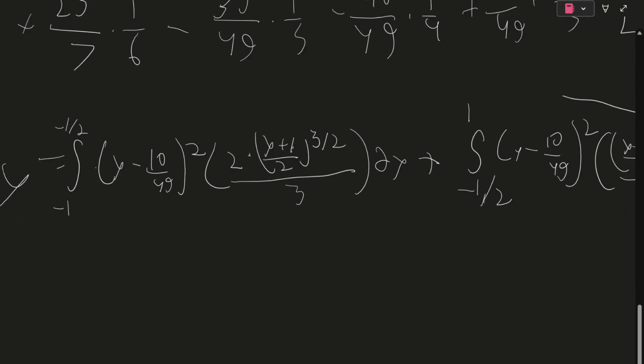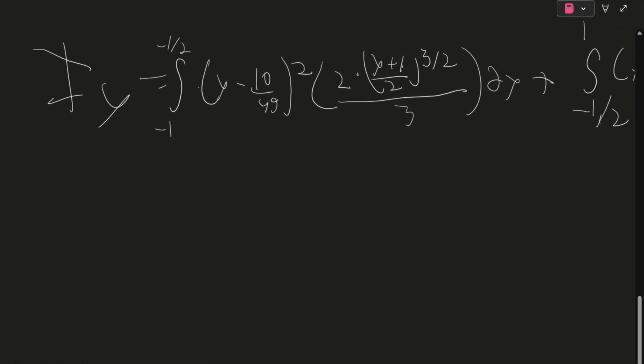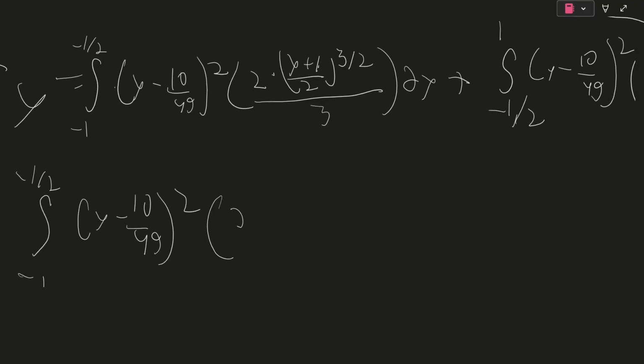So what we're going to do is we're actually just going to go ahead and solve these integrals independently. So we'll solve our left integral first, so -1 to -1/2 of y minus 10 over 49 squared times 2 times our 2/3, we'll go ahead and pull the 2/3 out, times y plus 1 over 2 to the 3/2 dy.